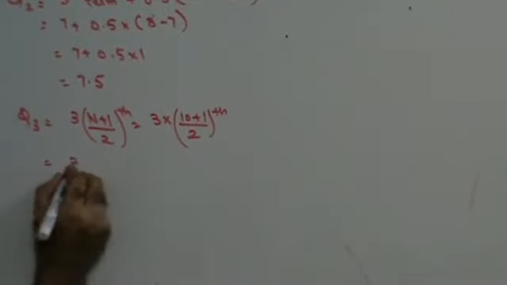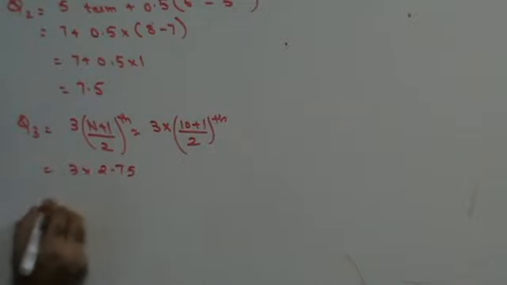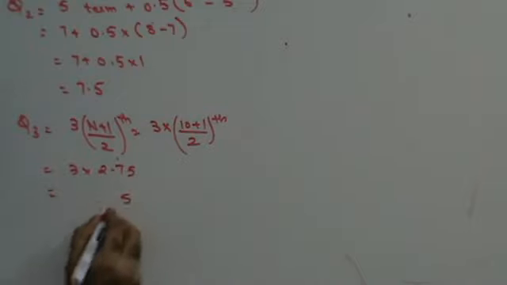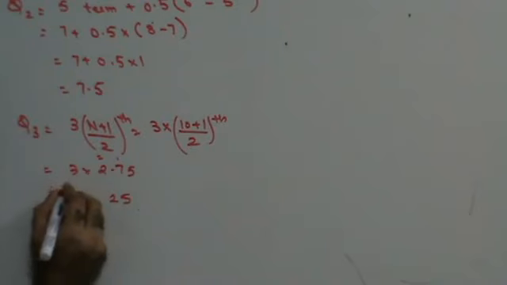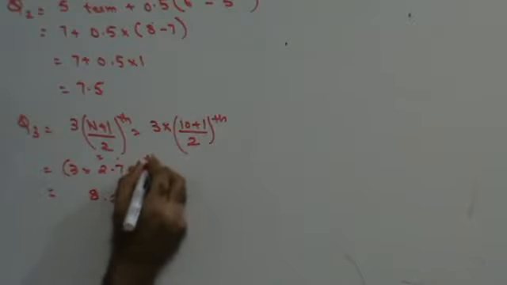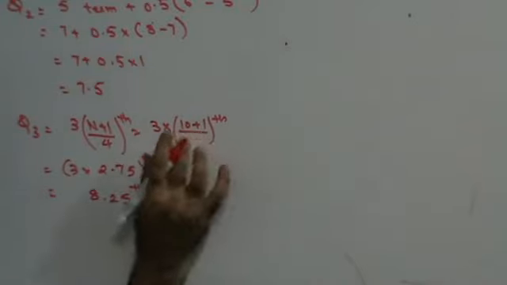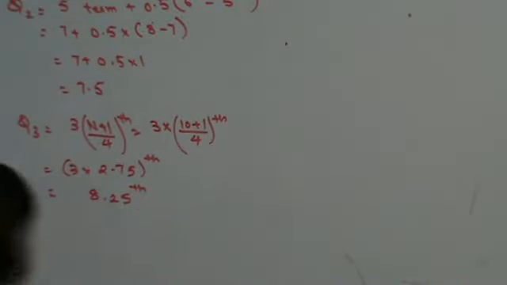So this is going to be 3 times 11 upon 4, 3 4s are 12, 33 upon 4, which is 8.25th term. It is 11 upon 4, right? (n plus 1) upon 4th term.